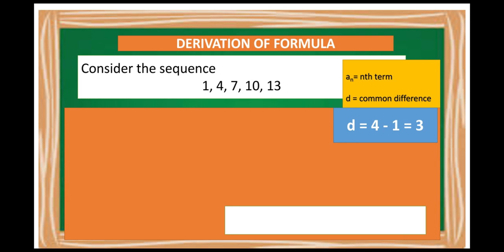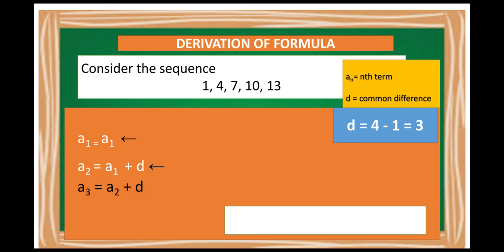Alright, so I want you to observe the sequence and make some inferences. Notice that a sub 1 is equal to a sub 1. And we get a sub 2 by adding the first term, a sub 1, plus the common difference d, because we get the 4 by adding the first term 1 plus the common difference 3.